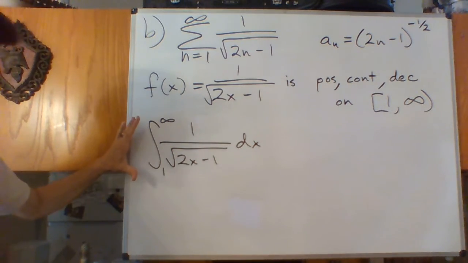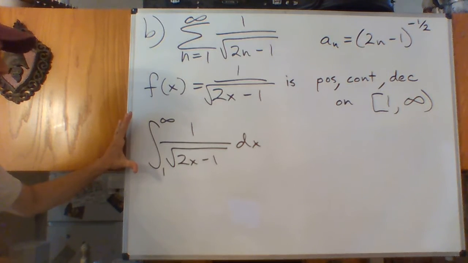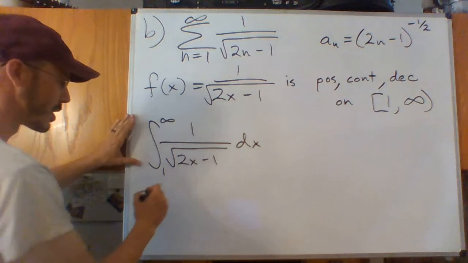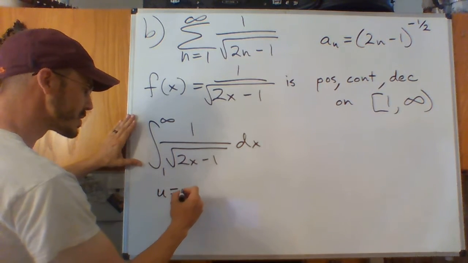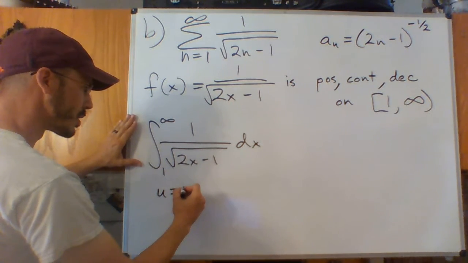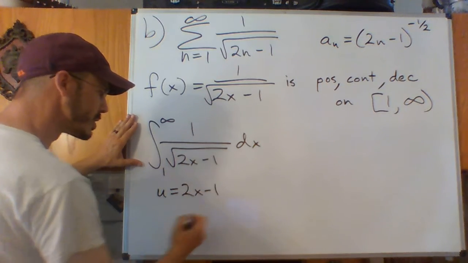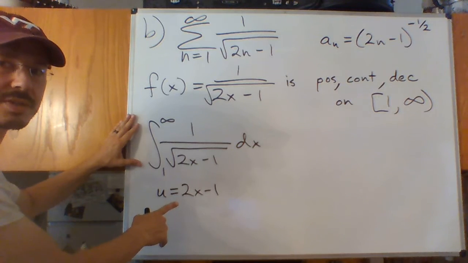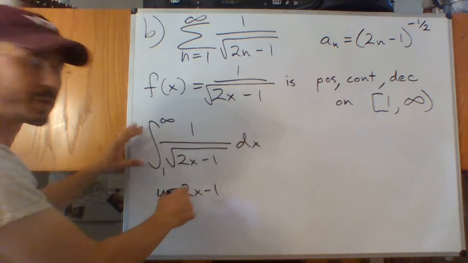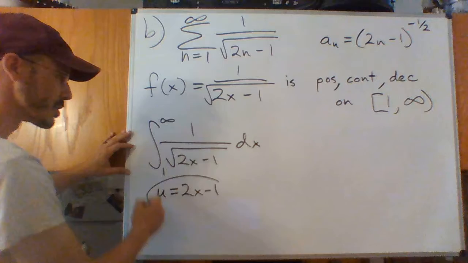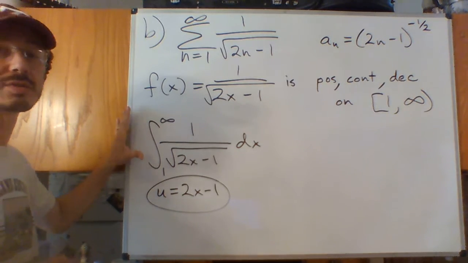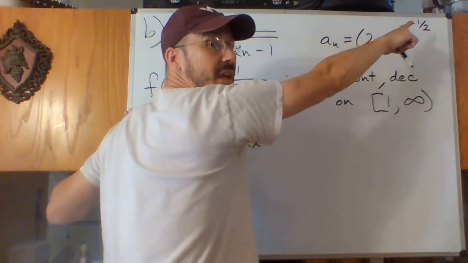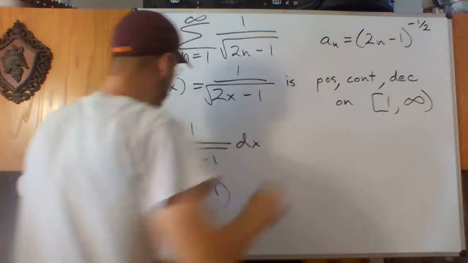I don't want to take the time to do this, but I'll get you started with it. You can finish this. This is a u sub integral with u equals 2x minus 1. Du would be 2 dx. But then you can swap everything out. So using that substitution, you can do this integral. It's a power rule: u to the negative 1/2.